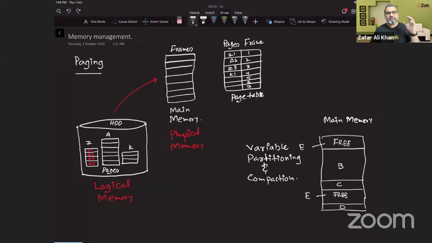So just realize what is happening. The most precious resource of the operating system is the processor time, and afterwards the main memory. If something is happening in the main memory like this compaction, the system goes non-responsive. The system becomes hanged. It is doing nothing.